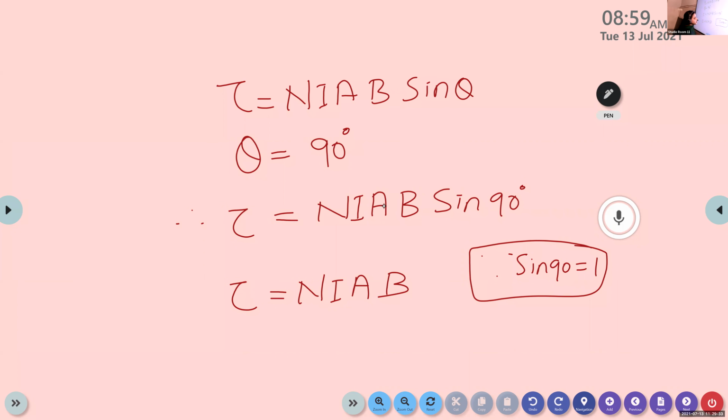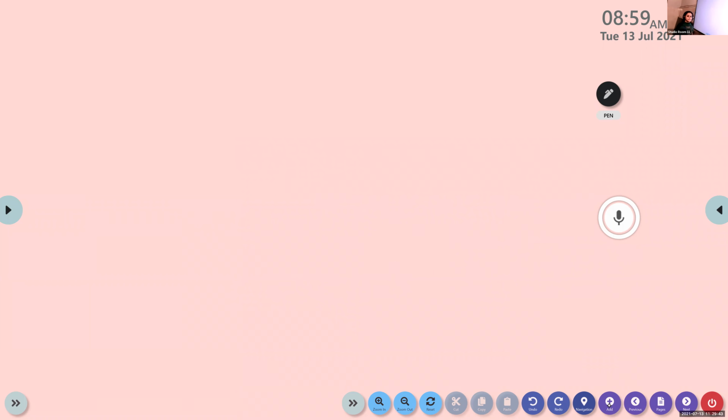Here, this restoring torque is directly proportional to the angle of deflection phi.